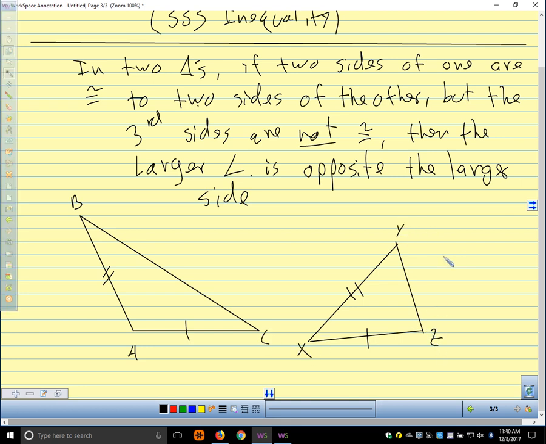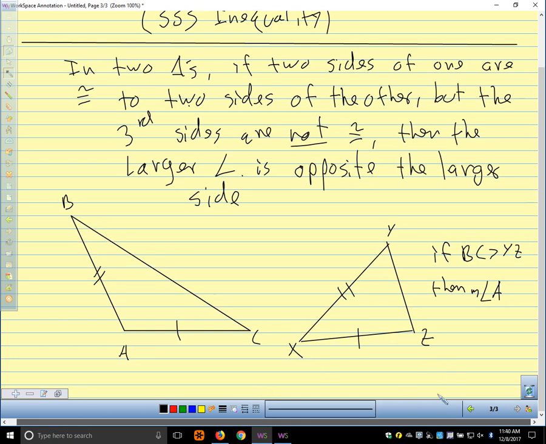What this is saying is that if BC, if this side is longer than YZ, then the measure of angle A is greater than the measure of angle X. So the door is open wider, the angle that the door makes with the door frame is bigger. That's what we're saying there.